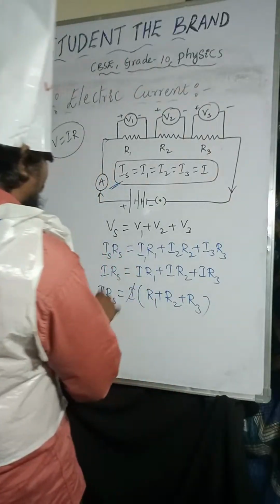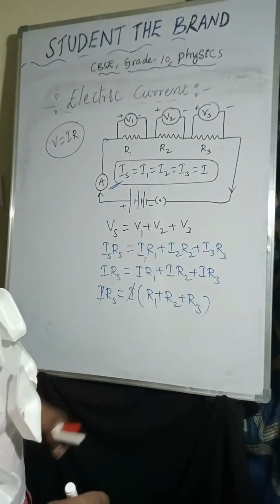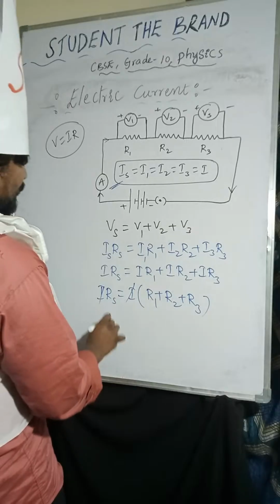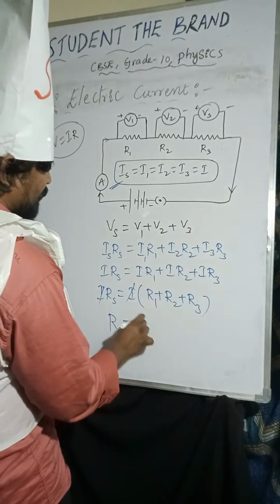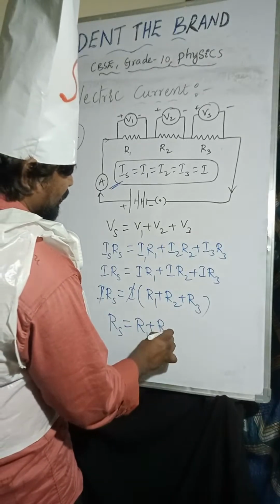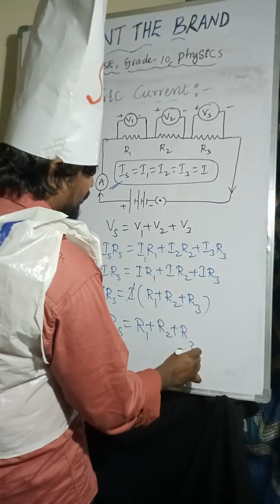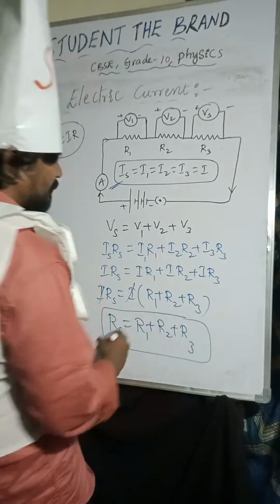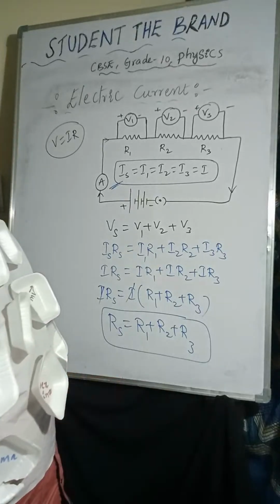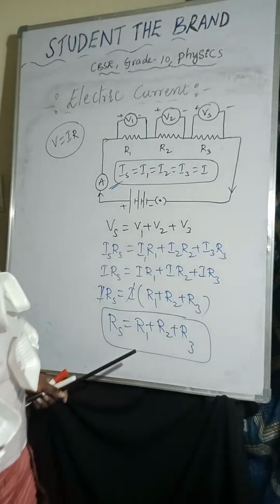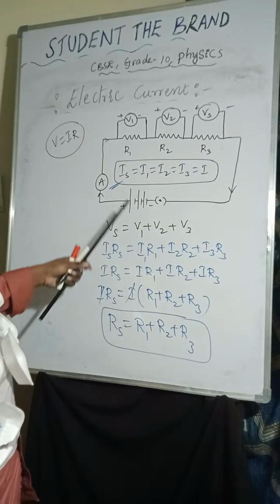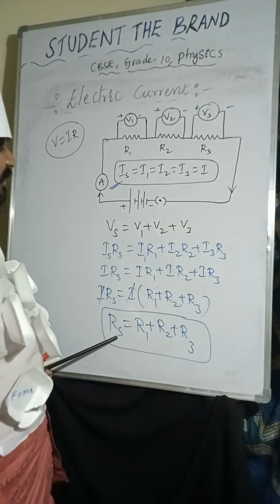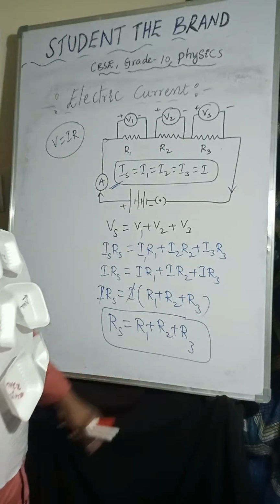So I gets cancelled. Now Rs equal to R1 plus R2 plus R3. So the overall resistance in series combination, Rs equals R1 plus R2 plus R3.